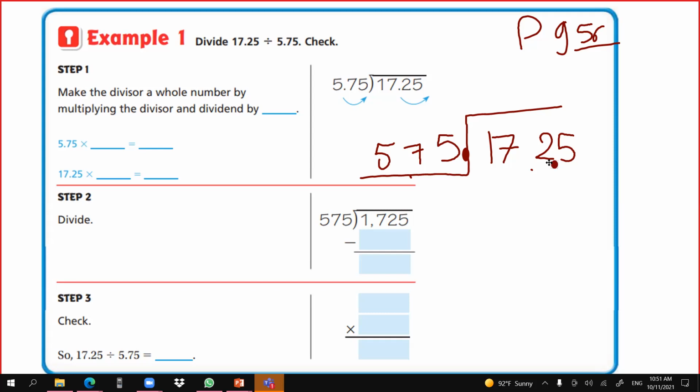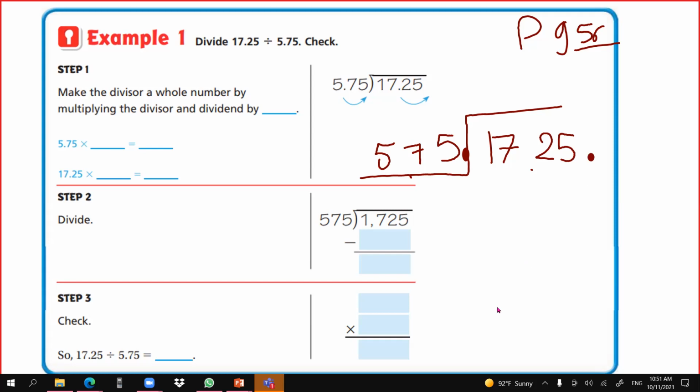Okay, Julie. I move the decimal point 2 digits in the divisor, so how many digits should I move it in the dividend? It was here, between 2 and 5. You will put it after 5. Bravo. I move it 2 digits in the divisor, so I move it 2 digits in the dividend.